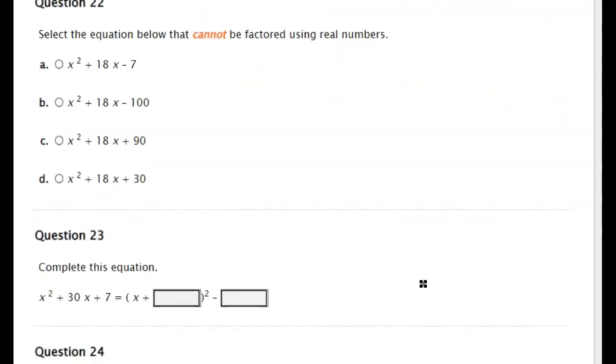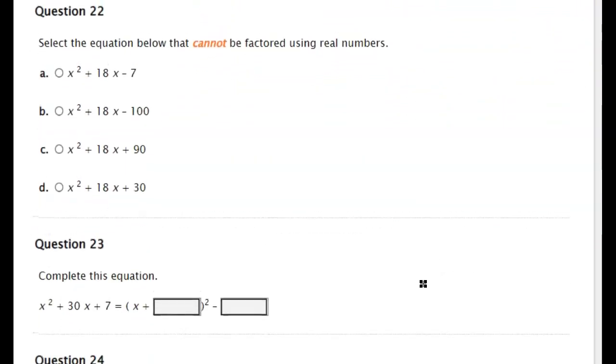All right, question 22. Select the equation below that cannot be factored using real numbers. Okay, so this is where you need to consider completing the square, and whether we can do the difference of perfect squares. So when we're completing the square, we've always got to consider the coefficient of x.